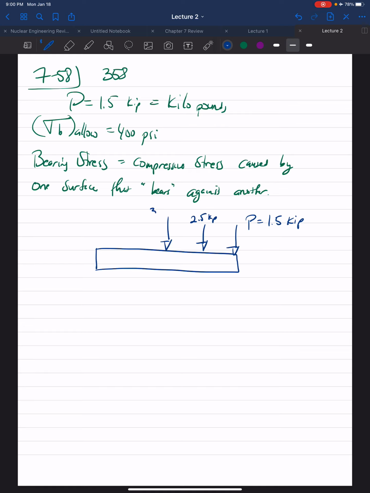You have 3 kip coming here, 2 kip coming here, and 2 kip coming here.